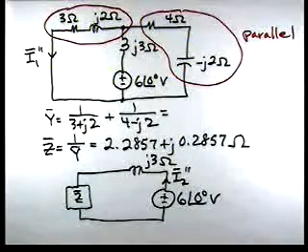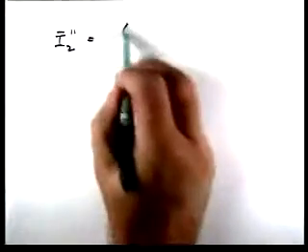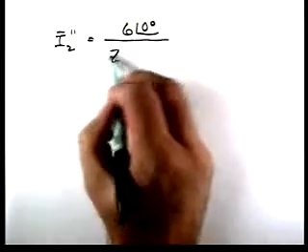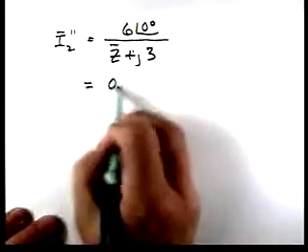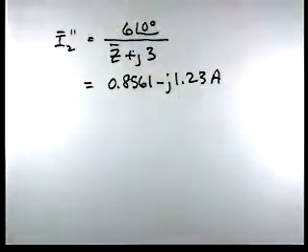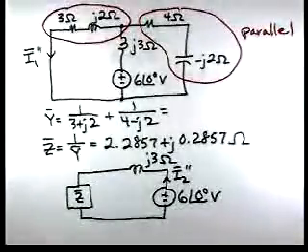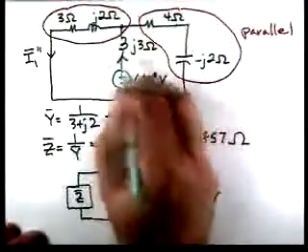I2 double prime is 6 at an angle of 0 divided by Z plus j3, and that's 0.8561 minus j1.23. Now if we look back at our circuit, here is the current I2 double prime.